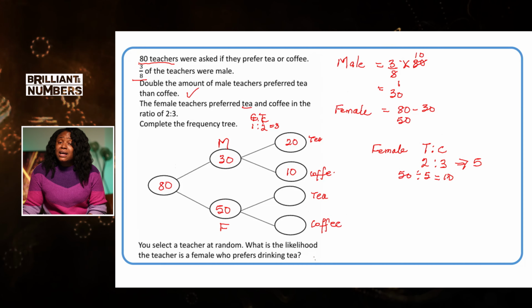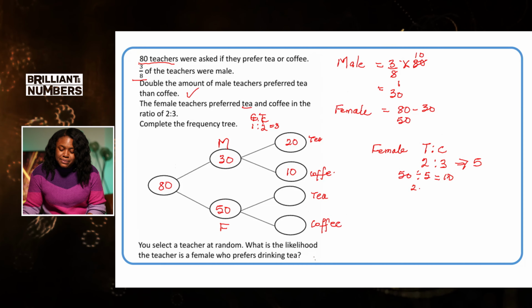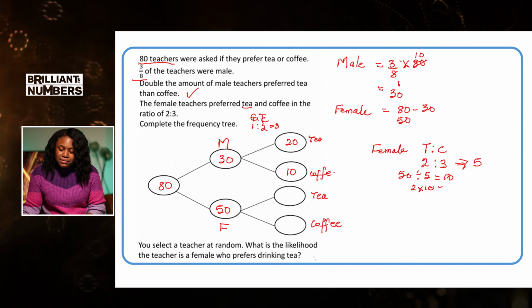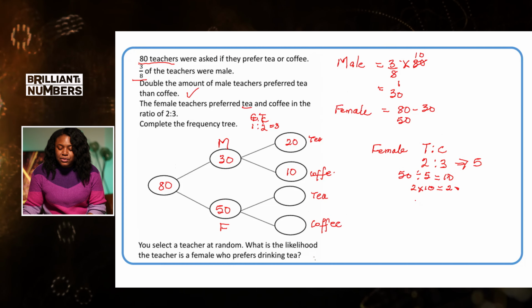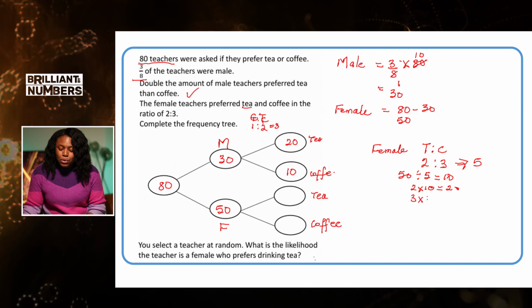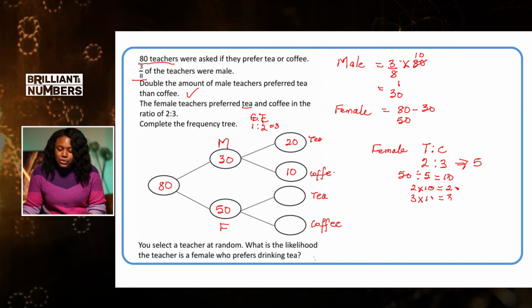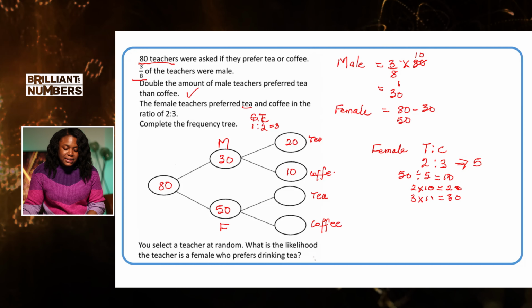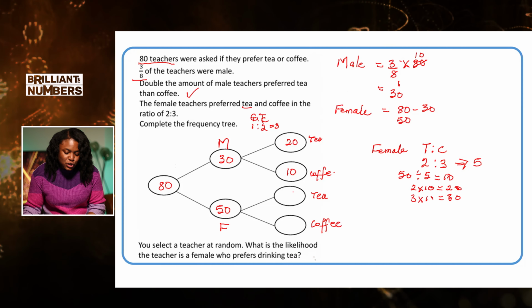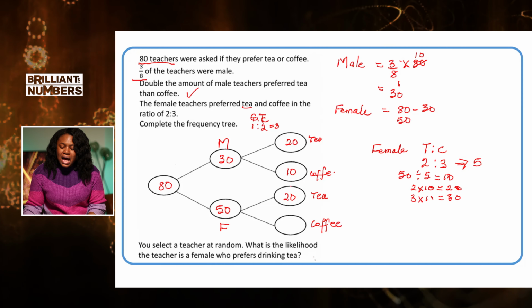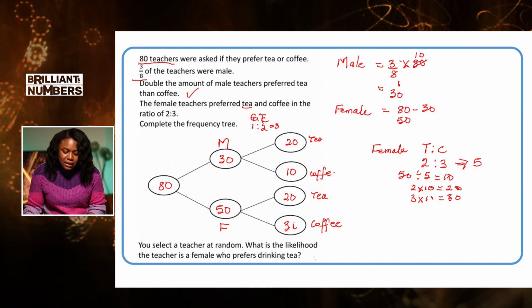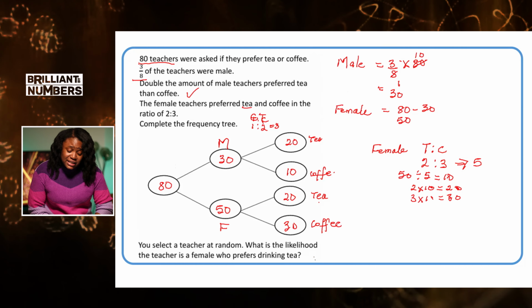So we can find out tea by doing 2 times 10, which is 20, and 3 times 10, which is 30. So that will be in the ratio 20 to 30. So tea was 20, so we put that in, and coffee was 30. Good, so we finish our diagram.